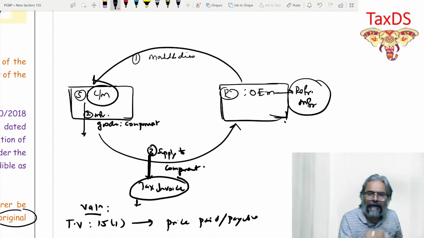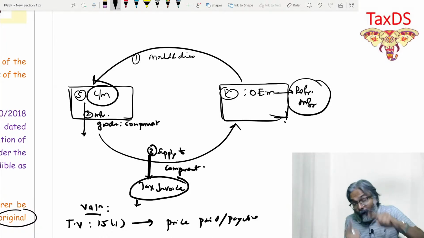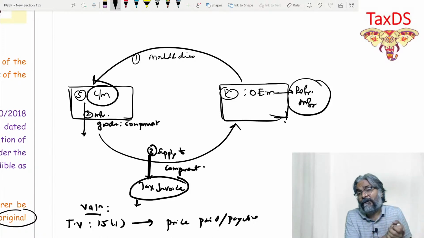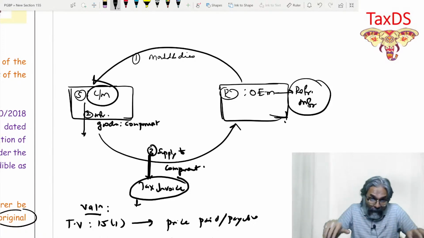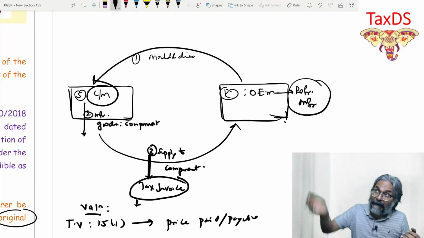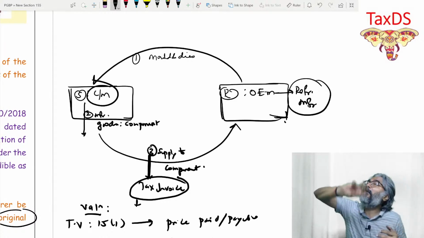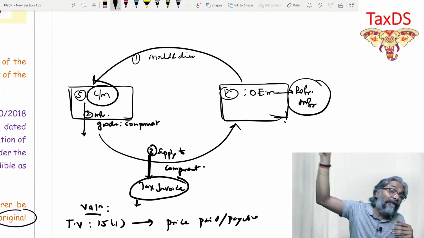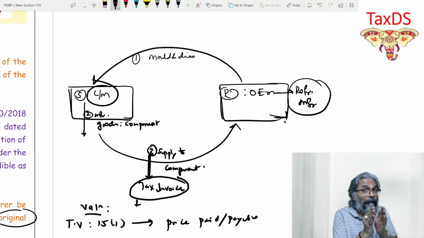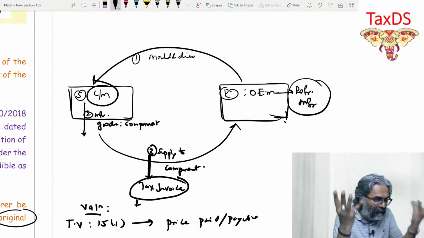From the component manufacturer. Now he can make any component, but the fact that this component will have to be fitted in that refrigerator means it should have that design, that shape, that configuration.